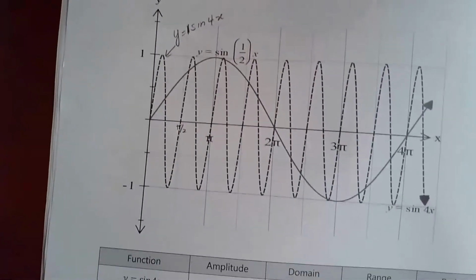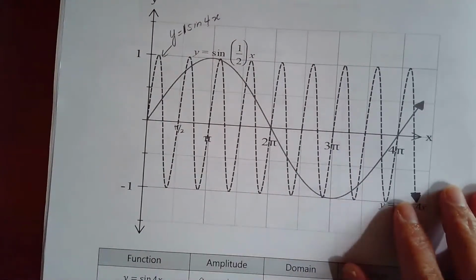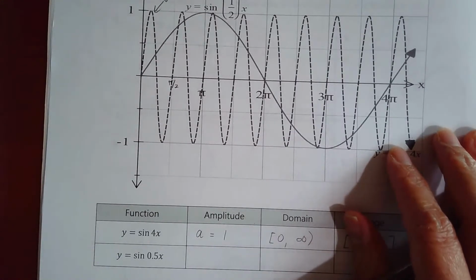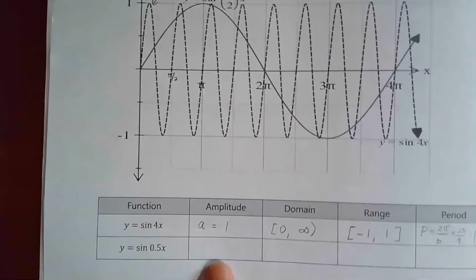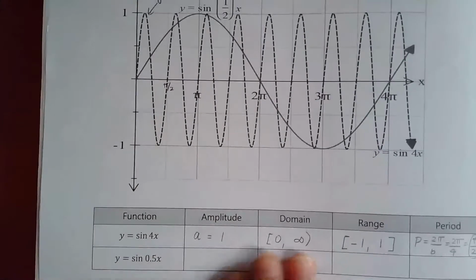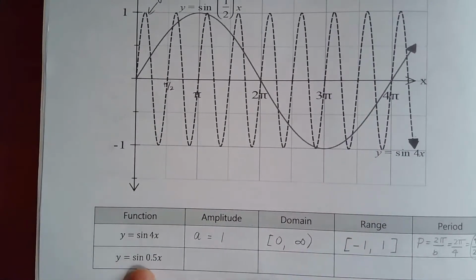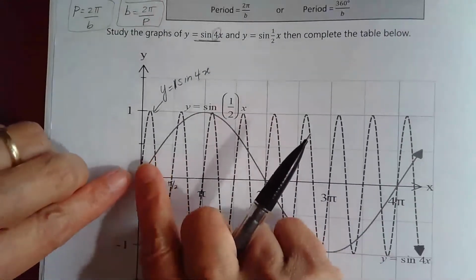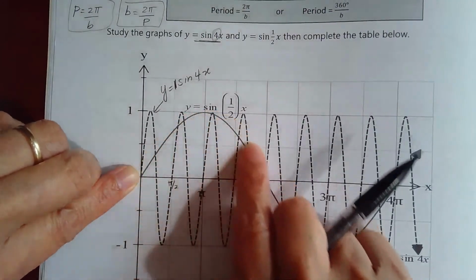I wish you could ask questions, but if you have any, you can email me. Now let's take a look at this one. Y equals the sine of 0.5x. Which one is that? This is the solid graph here.